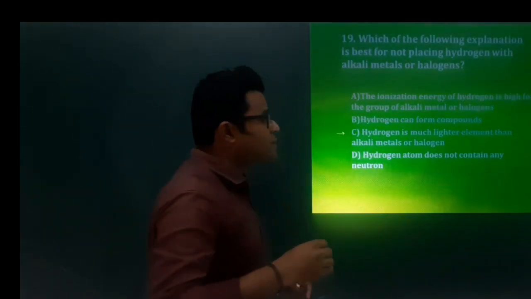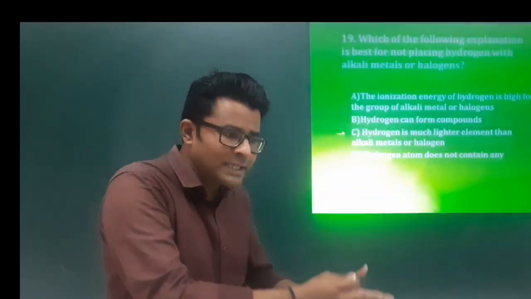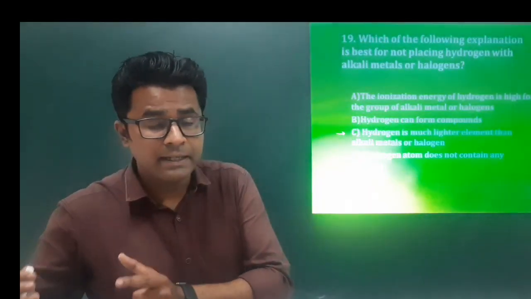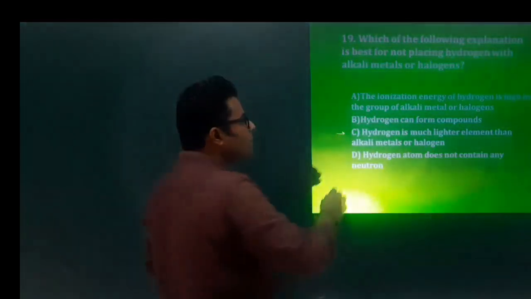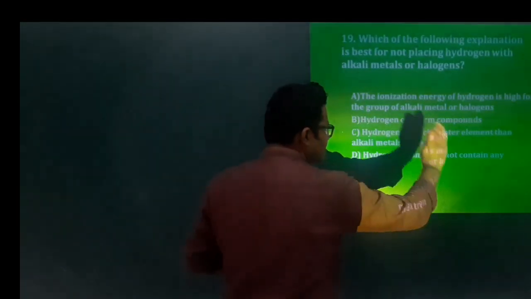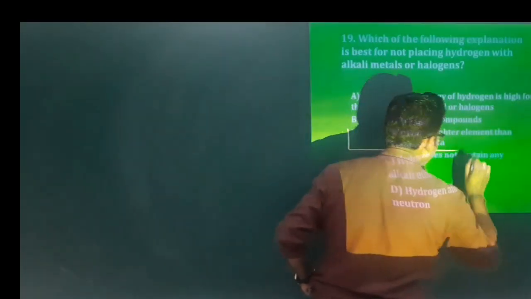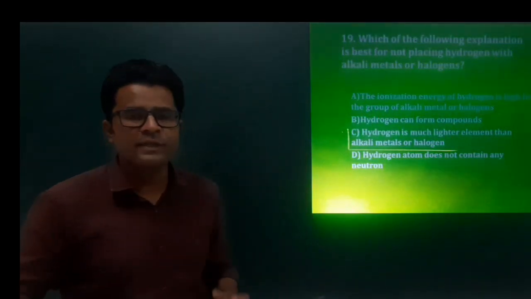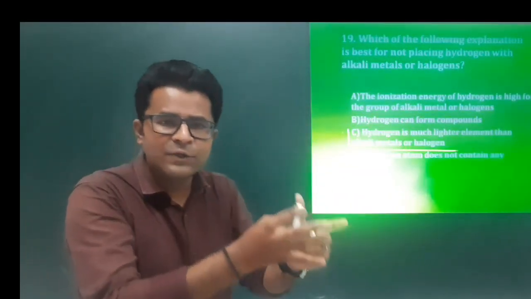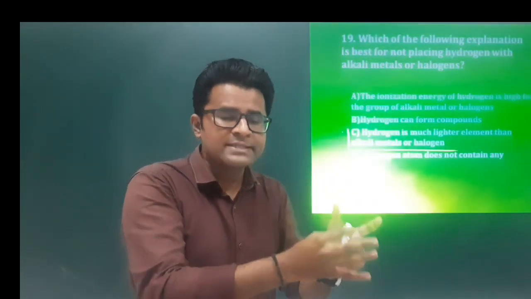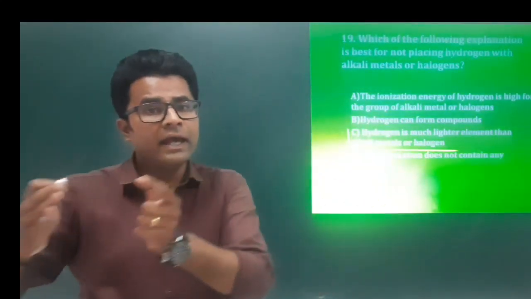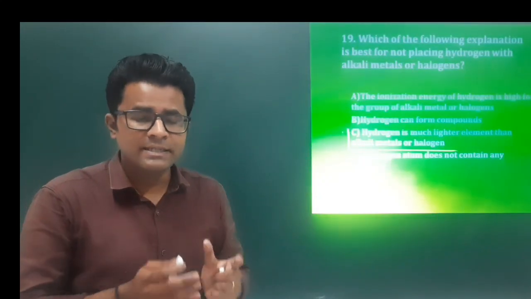Hydrogen is a much lighter element to be placed with the alkalis or the halogens. Therefore, despite its similarities with the alkali metals and the halogens, we do not place hydrogen with them. We place it separately.